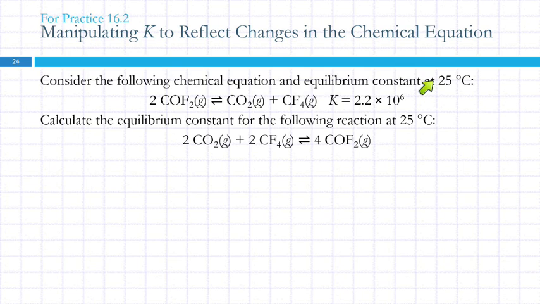And so they're just being specific, as scientists should be, that it's at the same temperature. We're asked to calculate the equilibrium constant for this reaction. And so we're going to look at this one, and we're going to look at that one, and see that they're similar yet different.